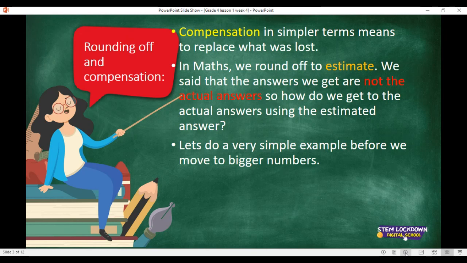I know when I give examples about money, people love money, so I always get your ears hooked to hear what I'm saying. Okay, so we're going to start very low. I'm going to do a very simple example before we move to big numbers. What do I mean by big numbers? Remember those that were there the first day. We said that you guys now do up until 4-digit numbers.